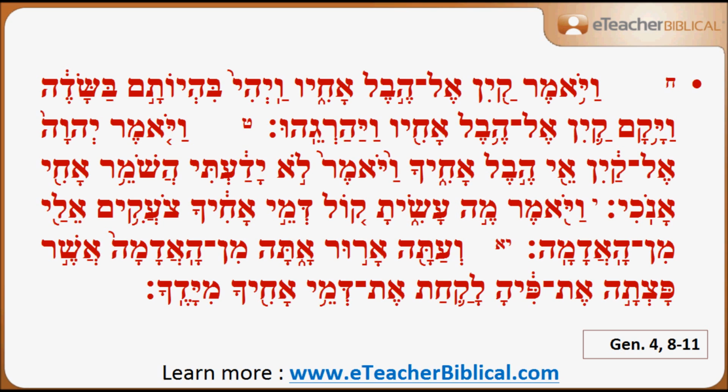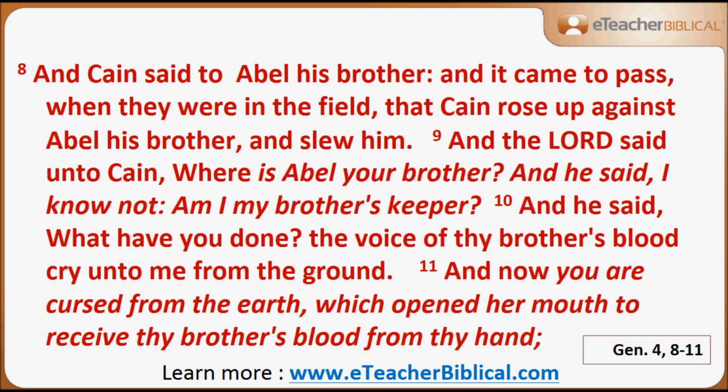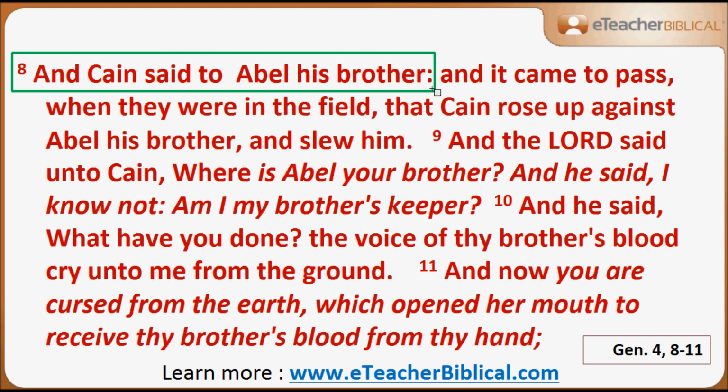Now I want to finish this video with a question for you, hoping that you'll give me some of your ideas. What do you think happens here? Let's read together again verse number 8. And Cain said to Abel his brother, so we do expect to hear what Cain said.